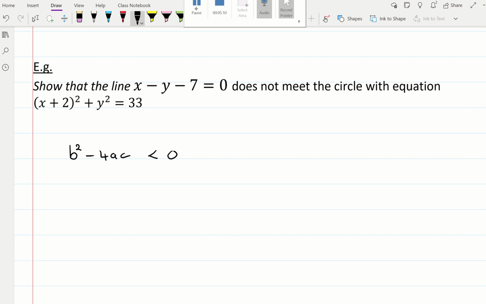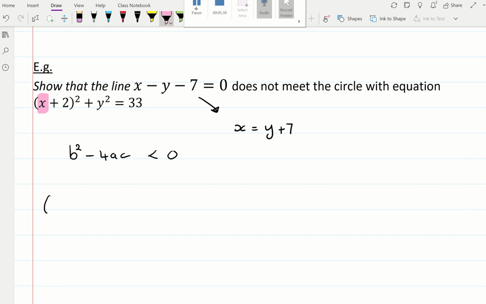So I'm going to rearrange this. x minus 7 equals y. And then I'm going to replace y squared with (x minus 7) squared. Or maybe I should do the opposite actually, and have only one. I'll do the opposite. I'll do x equals y plus 7.